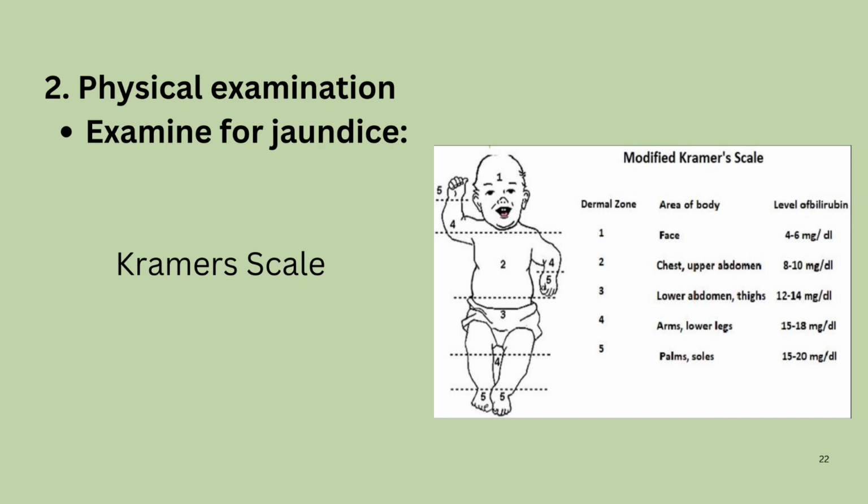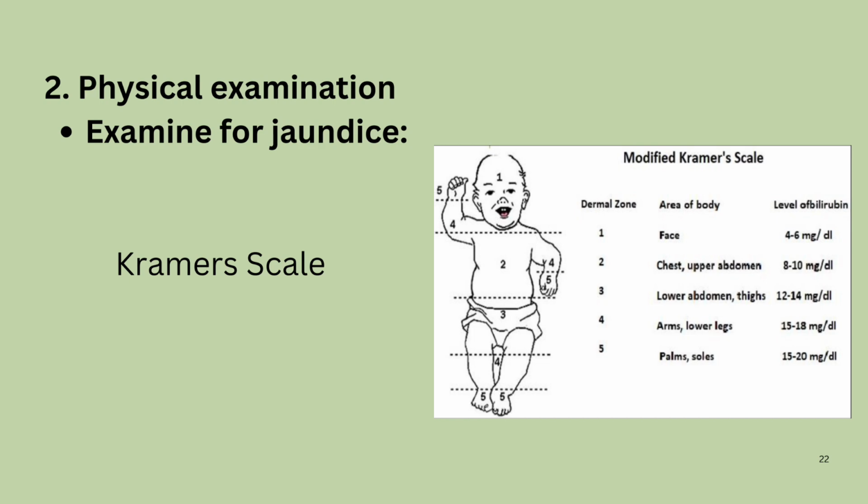Dermal zone 1 indicates yellowish discoloration of face, where the bilirubin level will be 4 to 6 mg per deciliter. Dermal zone 2 indicates yellowish discoloration of skin over the chest and upper trunk, and that indicates 8 to 10 mg per deciliter of bilirubin. Dermal zone 3 indicates yellowish discoloration of lower abdomen and thighs, that indicates bilirubin level of 12 to 14 mg per deciliter.